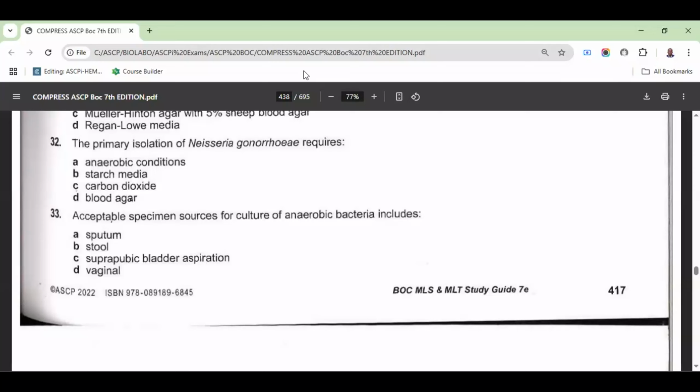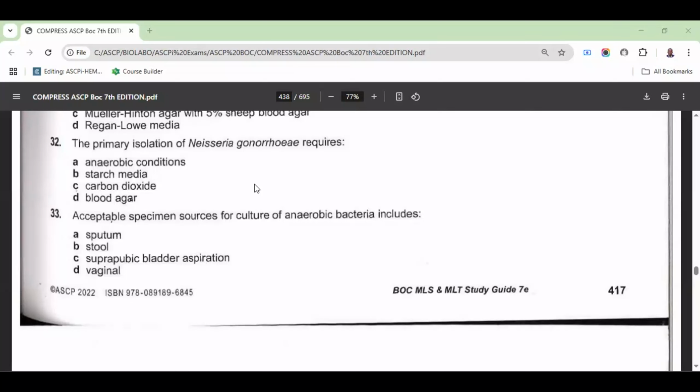So as we explained before, carbon dioxide is a requirement for most capnophilic bacteria and fastidious organisms. Most of them are capnophilic. That's what it is.